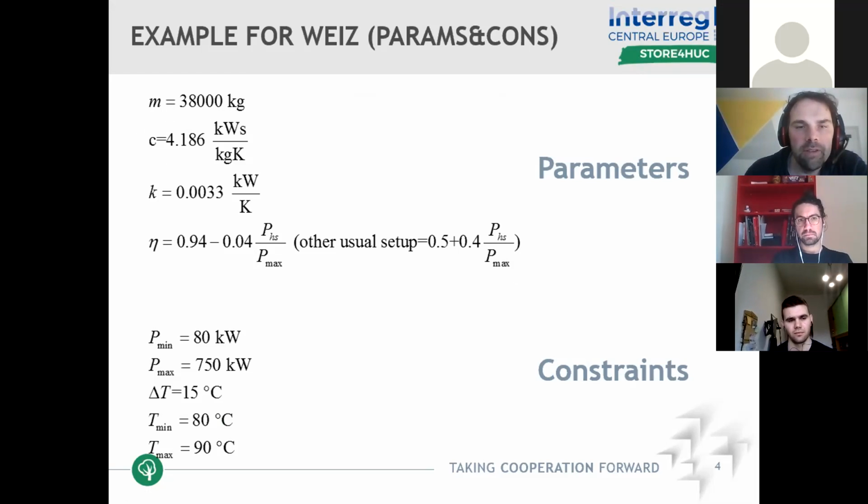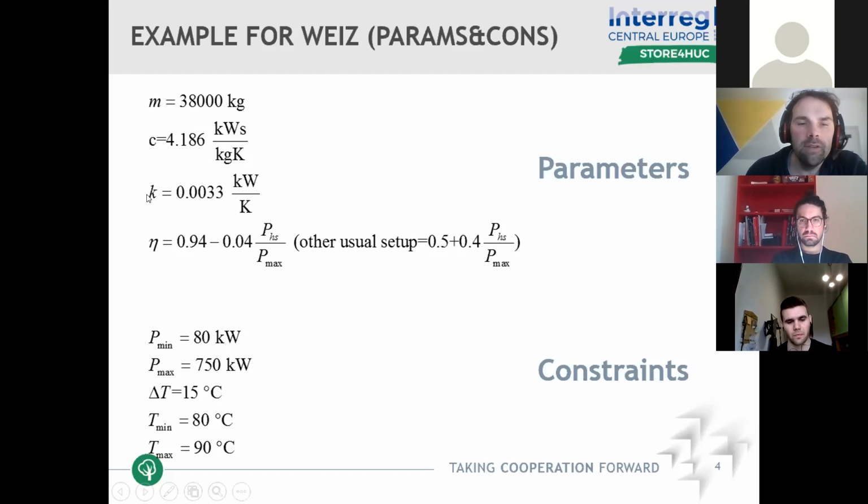If it's water, there is no need to provide this C. We know this parameter, it is the specific heat capacity of water: how much energy you need to provide to a kilogram of water to be heated up by 1 degree Celsius or 1 Kelvin.